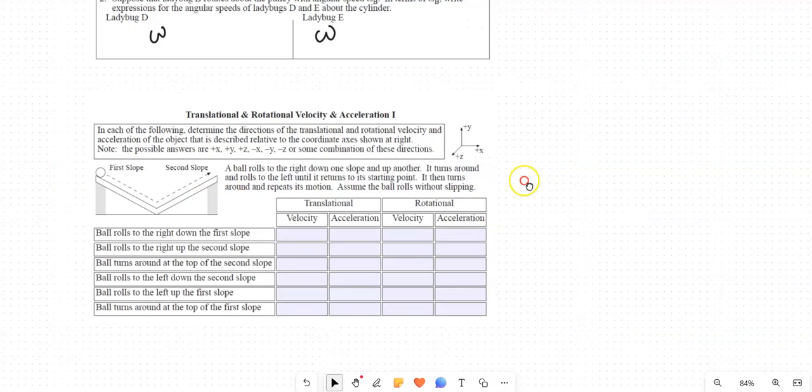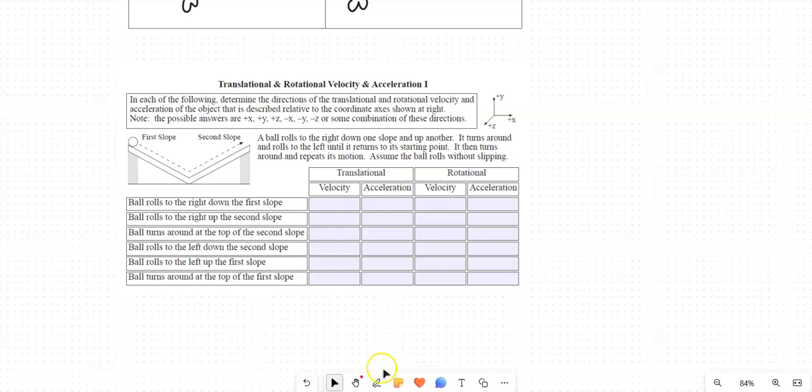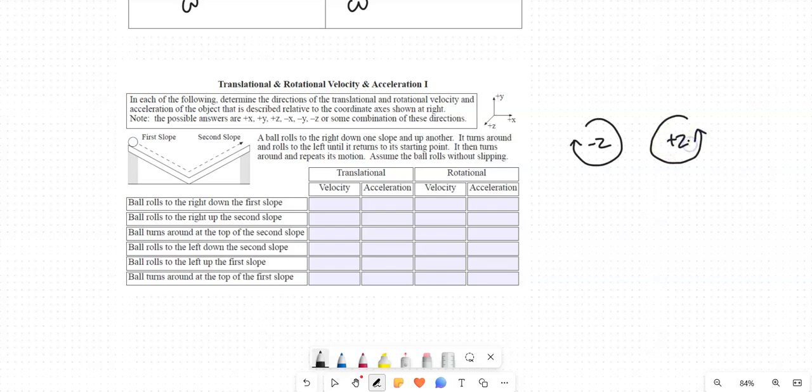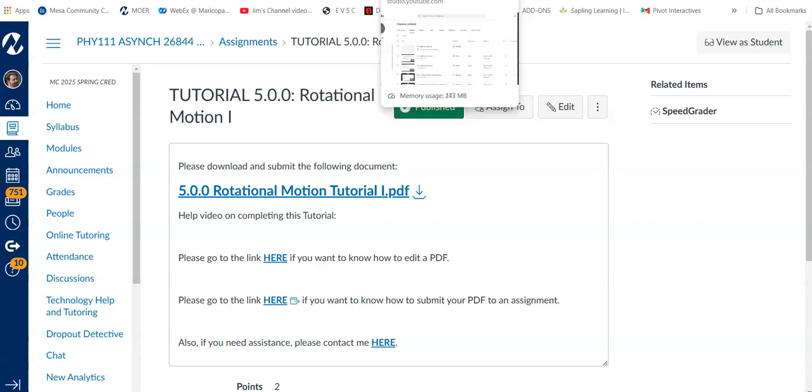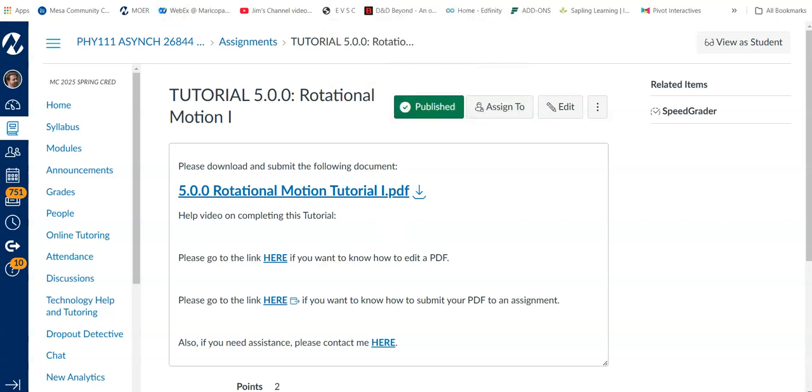Again, you'll have to remember that things that spin clockwise are negative z, and things that spin counterclockwise are positive z. Again, that is in this video of 5.0, rotational motion. So please watch that if you get a chance.